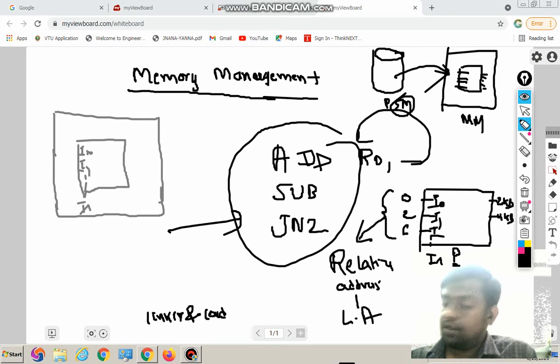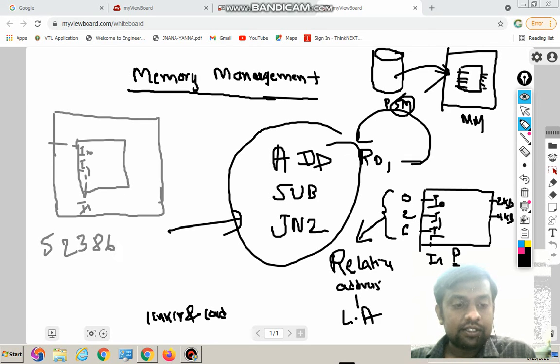Now there will be some base address. As an example, let us assume I0 has 52386. If this is the base address for I0, there is the bound address. We already know that the relative address is 0. For the next address, you can see 0 to 2 is there, so we will add that.